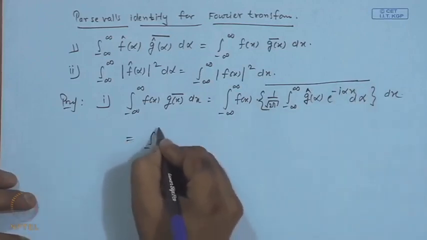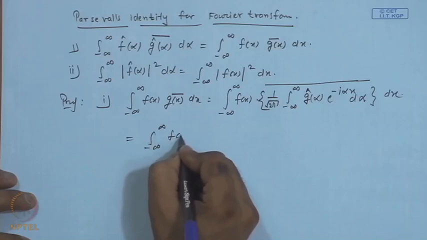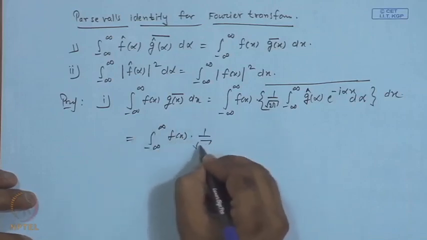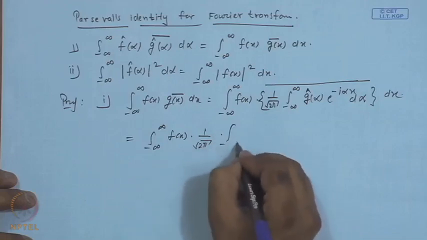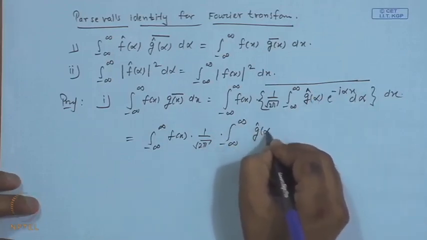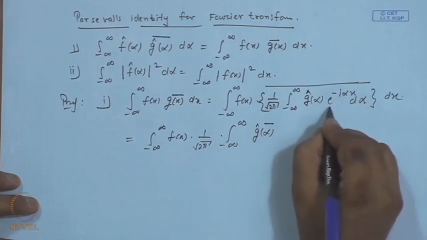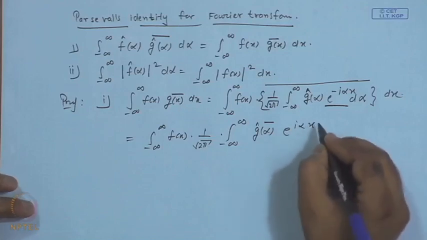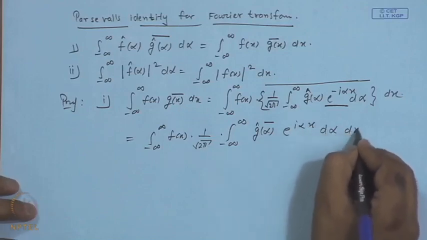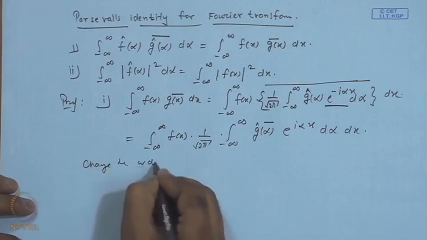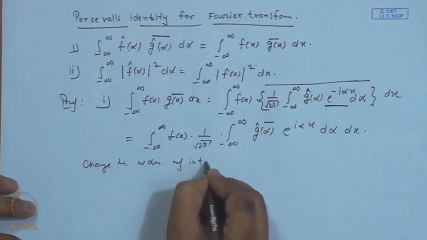So we have minus infinity to plus infinity f(x) multiplied by 1 over square root 2 pi, we have minus infinity to plus infinity, and this will be g hat alpha complex conjugate and complex conjugate of this, which is e^{iαx} dα dx. And now we can change the order of integration.